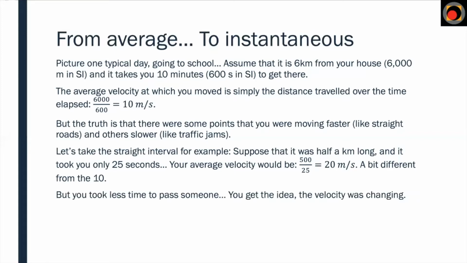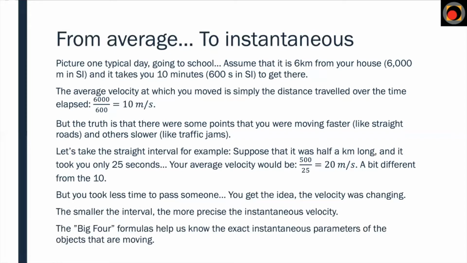And you get the idea. If you were passing someone, there were short periods of time in which you were going faster, or some others in which you were going slower. The thing is, if we make this interval smaller and smaller and smaller, we get to the instantaneous velocity.